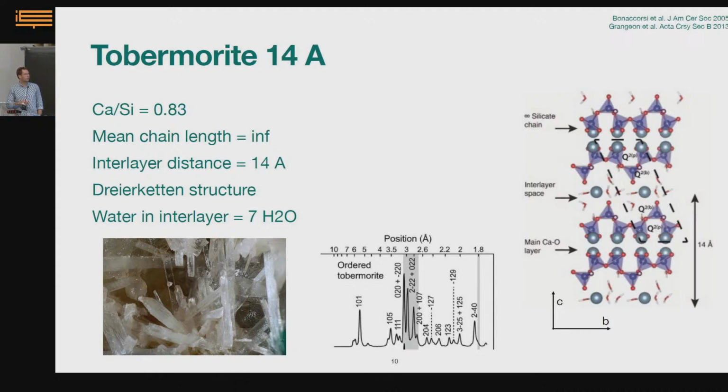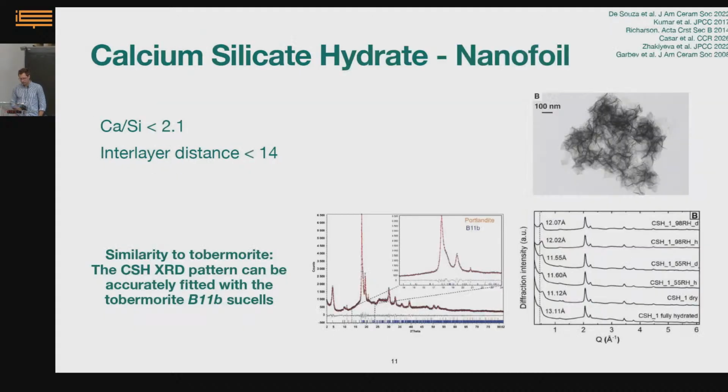So in the case of tobermorite 14, the interlayer space is 14 angstroms, and the interlayer has 7 water molecules and 1 calcium. And because it's a crystalline material that you can grab with your hand, it has very defined reflections, okay? But then when we go to calcium silicate hydrate, CSH has a much higher calcium silicon ratio.